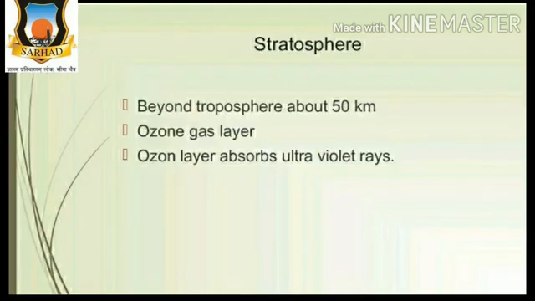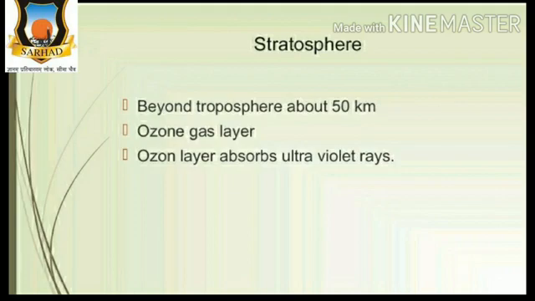Beyond the troposphere, up to a height of about 50 km from the earth, is the layer called the stratosphere. In the lower part of the stratosphere, there is a layer of a gas called ozone.